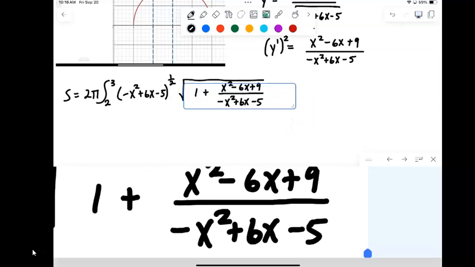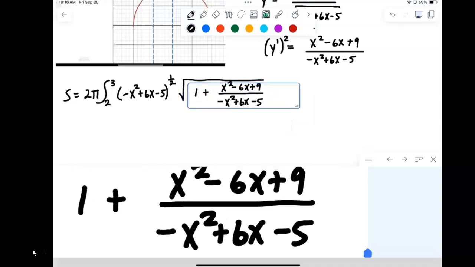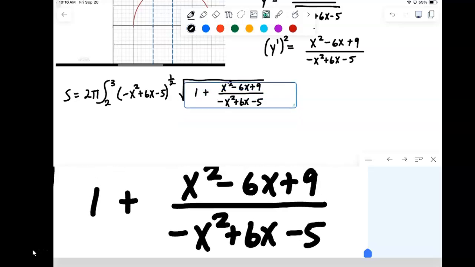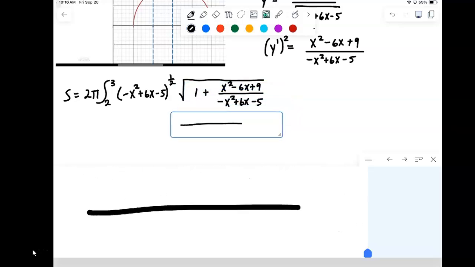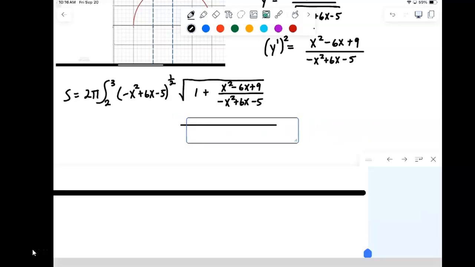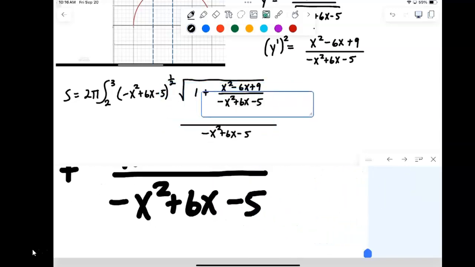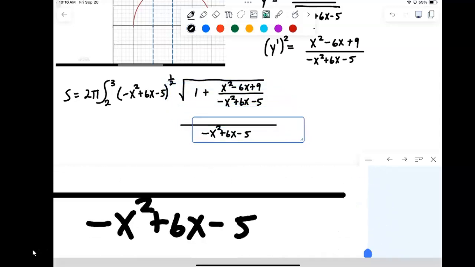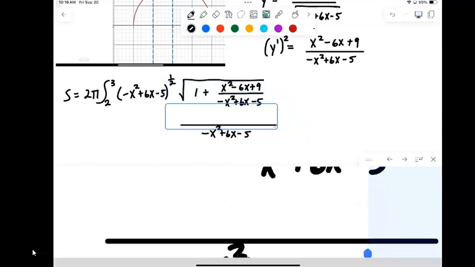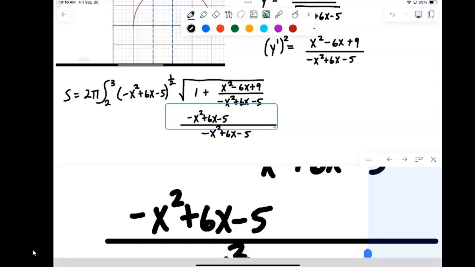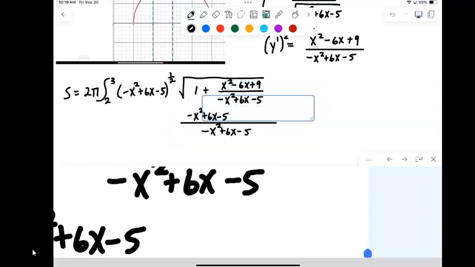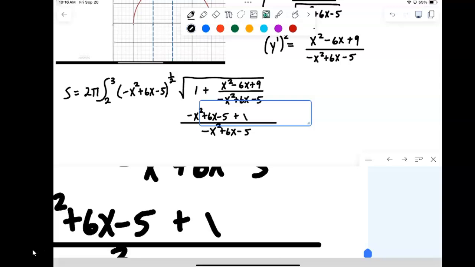Okay. So of course what we're going to have to do here is simplify this algebraically. We would need to get a common denominator, which will just be my big old denominator, negative x squared plus 6x minus 5. The 1 will be negative x squared plus 6x minus 5 over itself, and then plus the other one, x squared minus 6x plus 9.